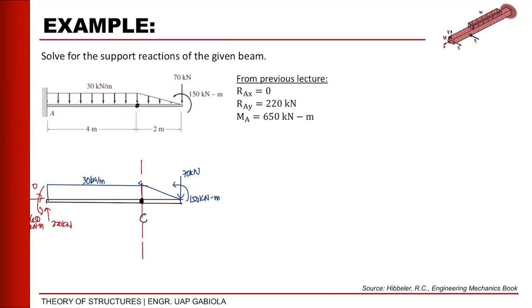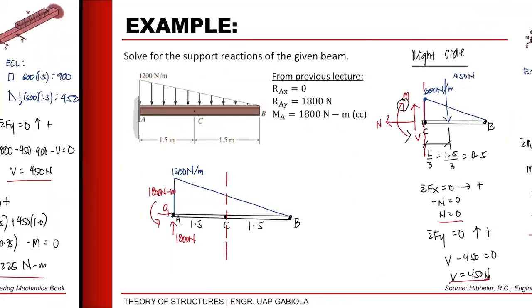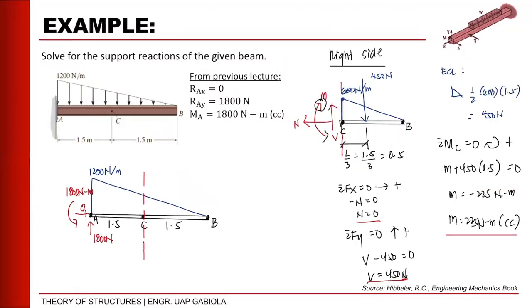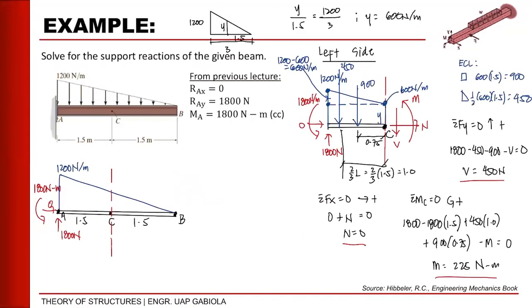Okay? Makikita nyo dun sa previous example natin, mas madali yung right side na calculation kasi mas simple yung side na yun, kasi wala nang reaction, loading lang yung mismong kinalculate natin. Ibig sabihin sa pag-calculate ng internal reaction or internal forces, pwede tayong mamili kung saan siya mas magiging simple. Okay?